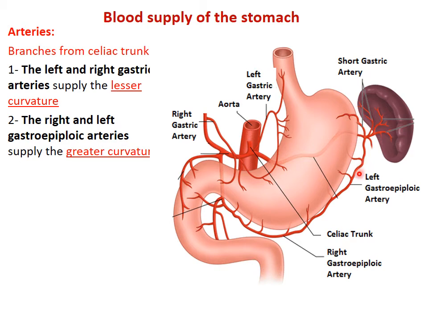And the left gastroepiploic artery runs on which curvature? Greater curvature. So the left gastroepiploic artery is a branch of the splenic artery that runs on the greater curvature of the stomach, right? Then we have got the short gastric arteries.